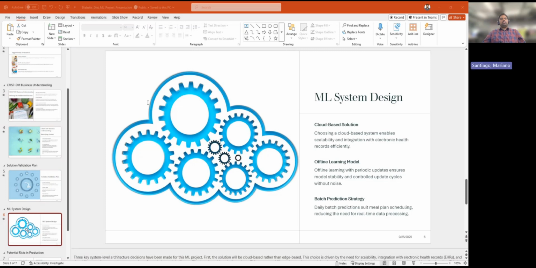Coming to the system design, I've made a few key decisions. Coming to edge versus cloud, I'll use a cloud-based setup because it's easily scalable and easy to integrate with other systems or applications. Between offline and online learning, the learning will be offline because with periodic updates, things will be stable.